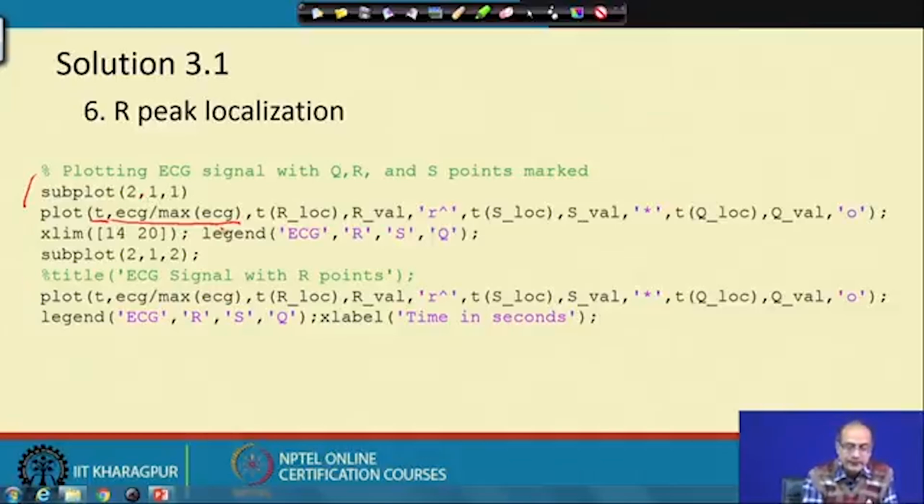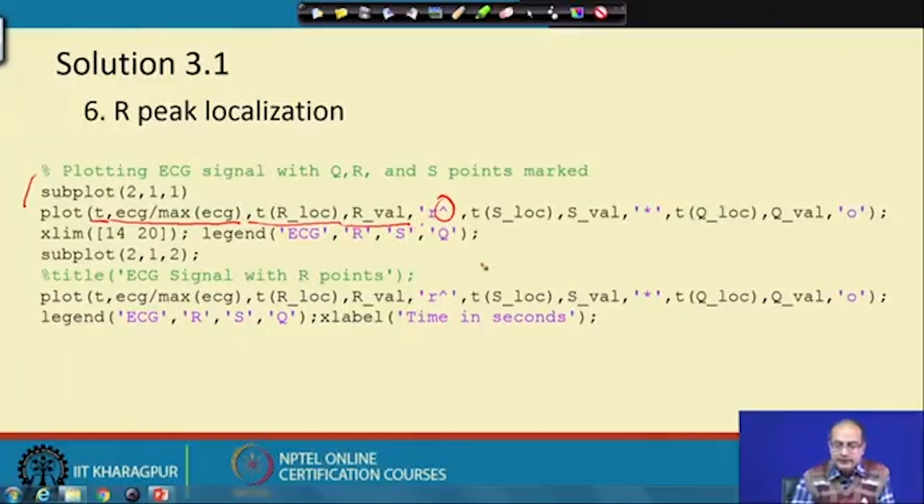Next, we show the points: R location will give those points or indices where the R point is there and the corresponding value is given here, R value. So, we get the x and the y coordinate of the R point, and that is marked with a hat symbol here, and R stands for red.